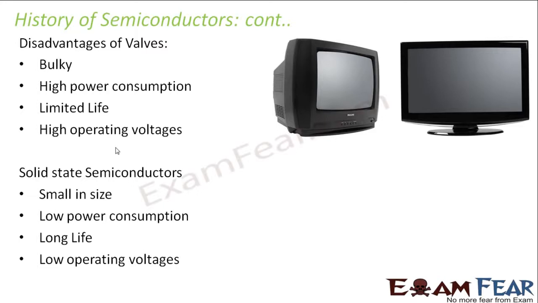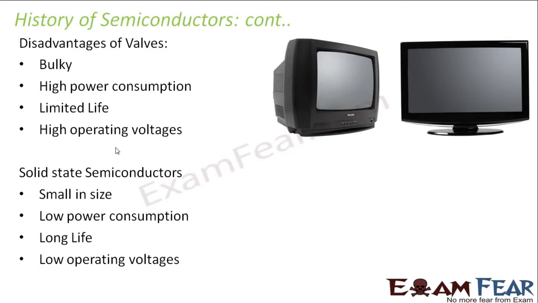These days hardly any of you buy normal television sets. Why? Because as I told you, these valves will have limited life. So your picture tube, some of you call that a picture tube, might get disrupted very quickly. So the television will not have a long life, and people will prefer to go for LCDs. So this is all about how the semiconductors came into the picture.